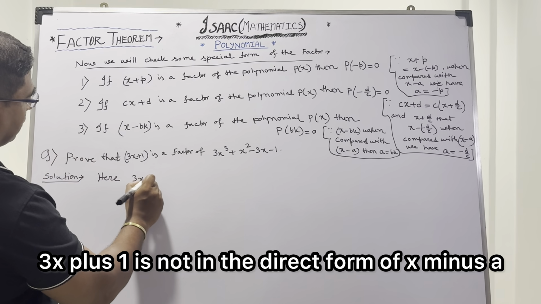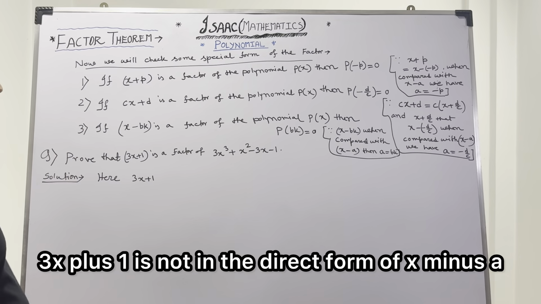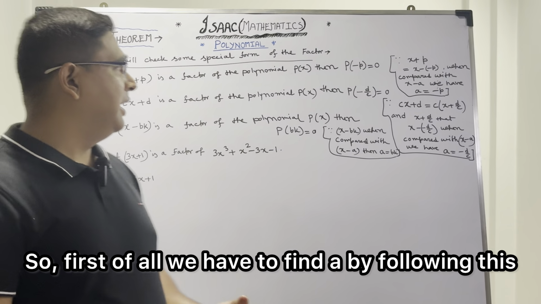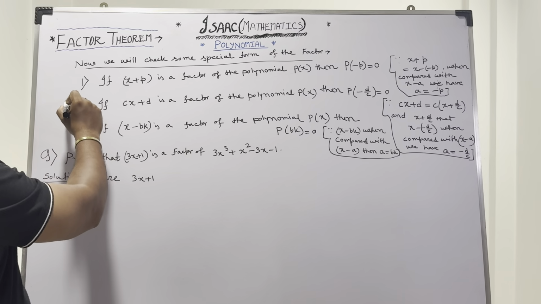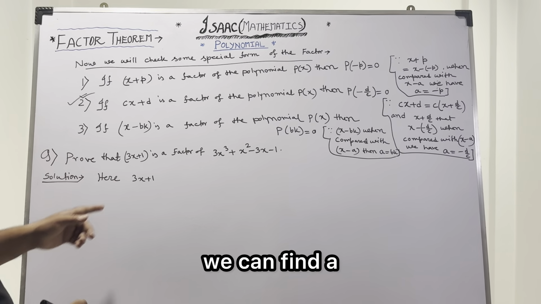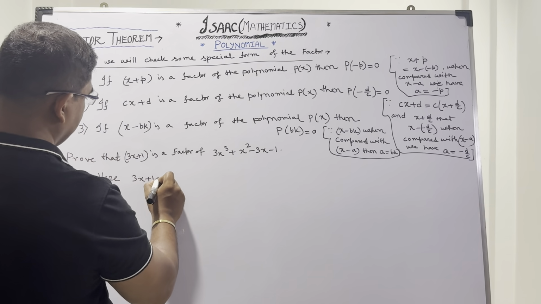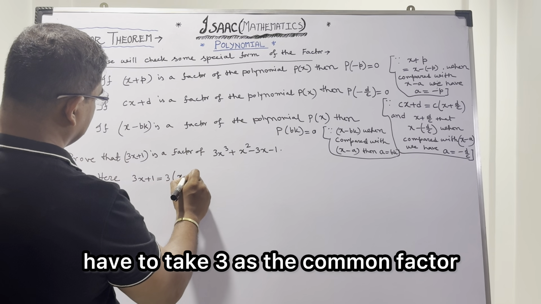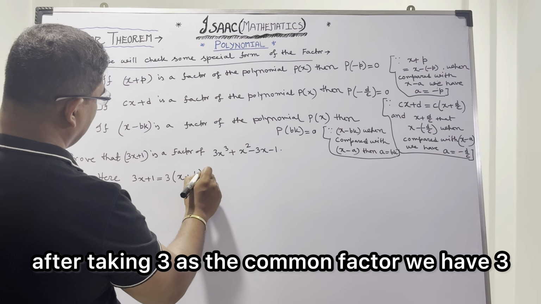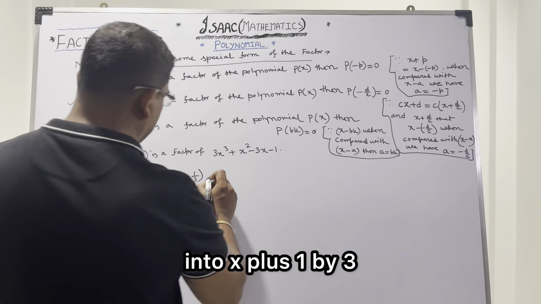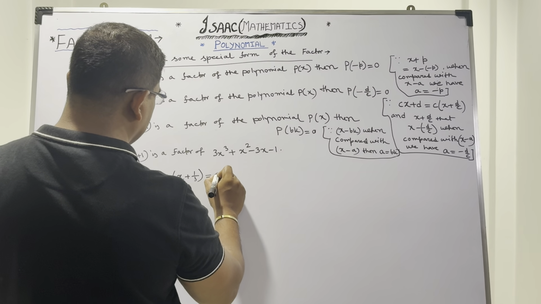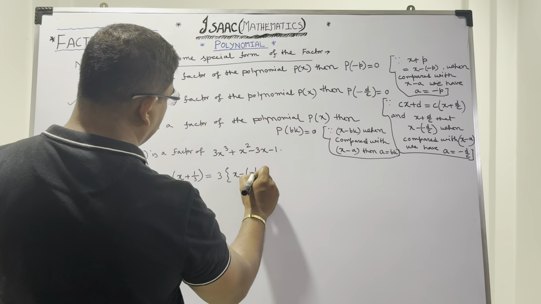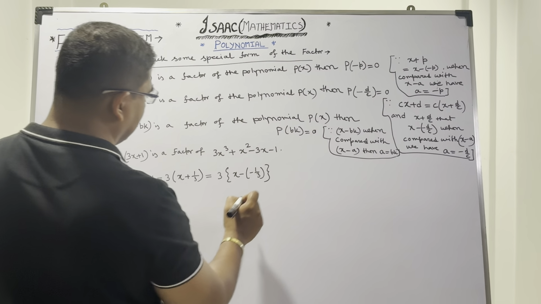Here 3x plus 1 is not in the direct form of x minus a. So first of all we have to find a. By following this case 2, we can find a. First of all we have to take 3 as the common factor. After taking 3 as the common factor, we have 3 into x plus 1 by 3. Then we can write this x plus 1 by 3 as x minus of minus 1 by 3.